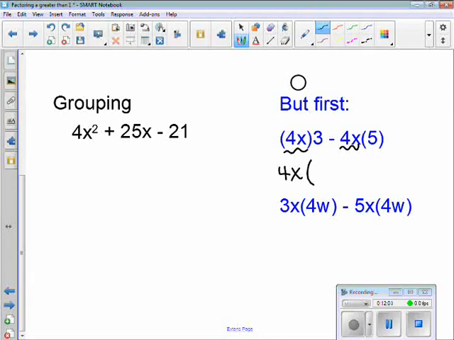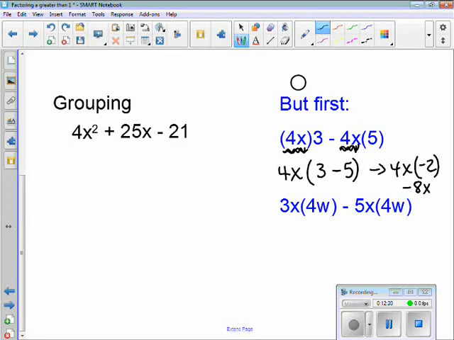I pull it away, and then I should be able to write what is left over. Now I can certainly simplify that, and I can even simplify that even more, and I'm done.